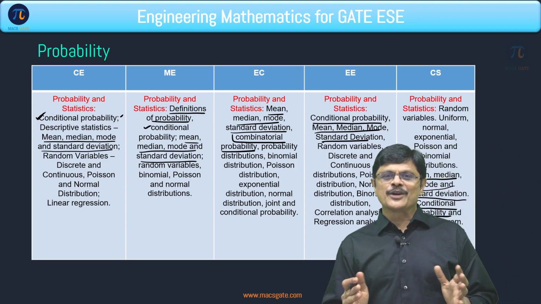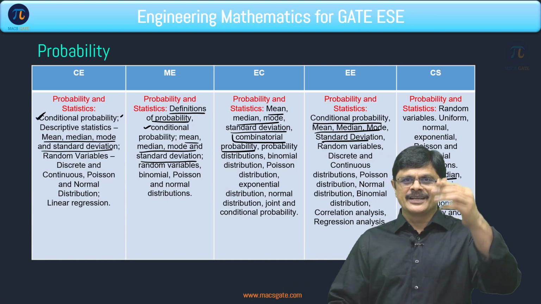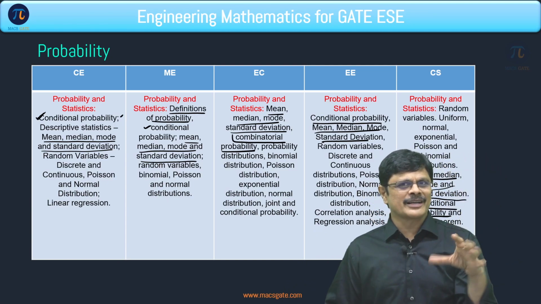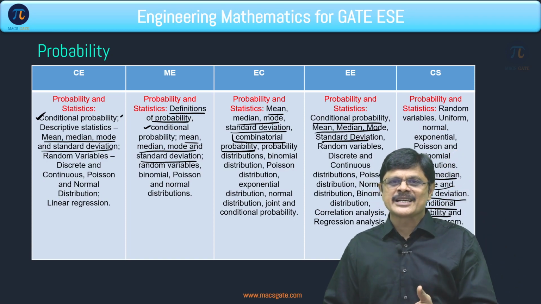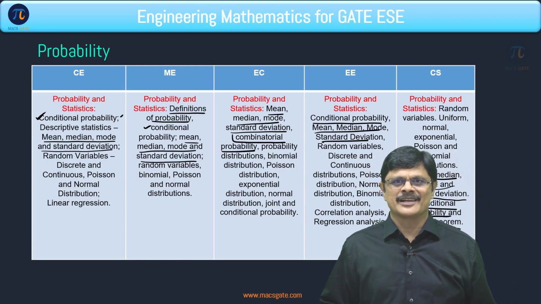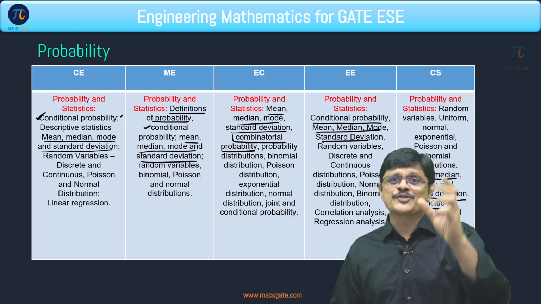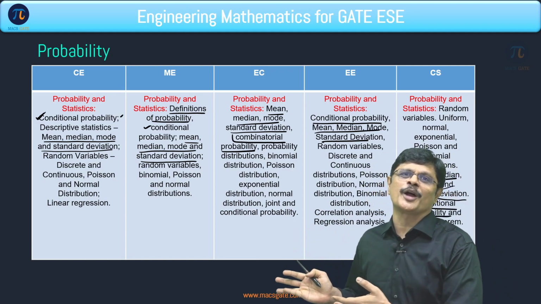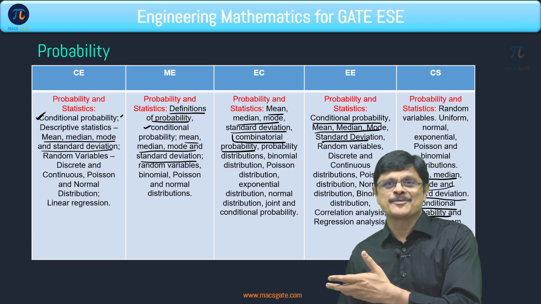That is what I am trying to say, this is an abstract syllabus, do not go with a blueprint like 1 mark from this, half mark from this, it is not like that. You may prepare for the entire syllabus, you may get a 2 marks question from the first topic itself, conditional probability, or you may prepare only the first few topics and get a question from normal distribution, or from Poisson distribution or exponential distribution.